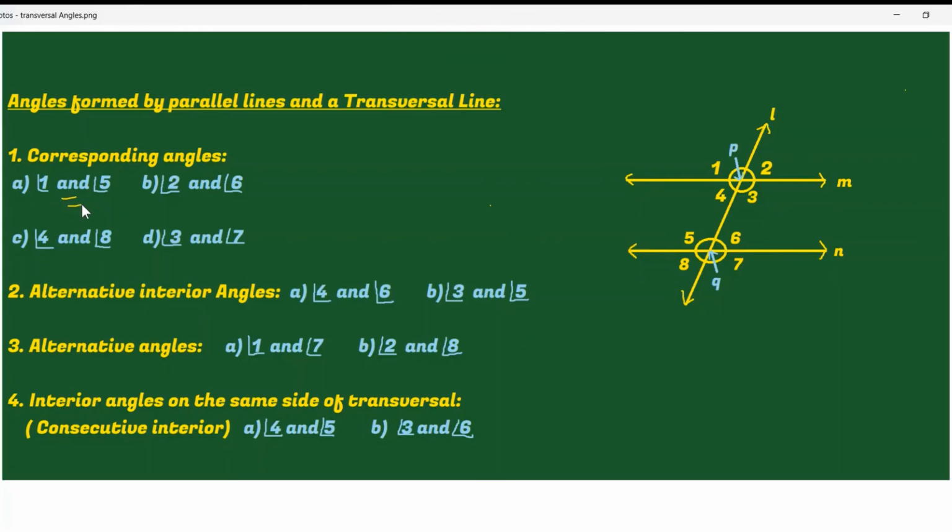All the corresponding angles would be equal. So 4 is equivalent to 8, 3 is equivalent to 7, 1 is equivalent to 5 and 2 is equivalent to 6. If these two lines are parallel, the alternate interior angles also will be equal, and the alternate exterior angles also would be equal.